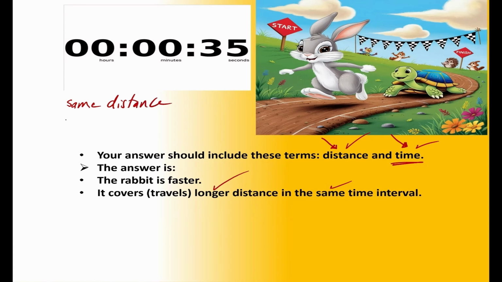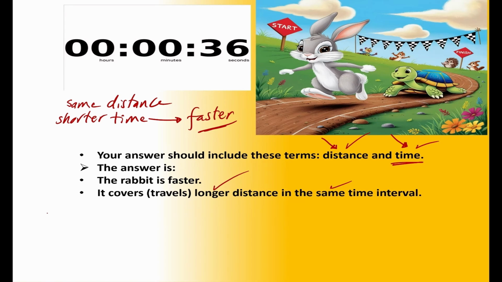In this case, the shorter the time means the faster the object. Okay, so again, to say which one is faster, we have to think about the distance and time.